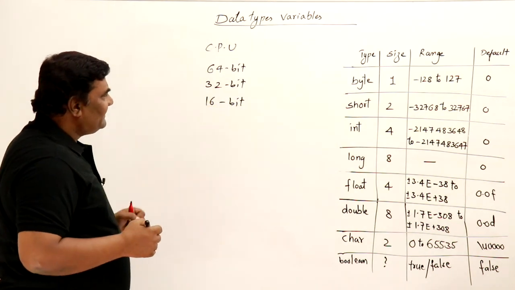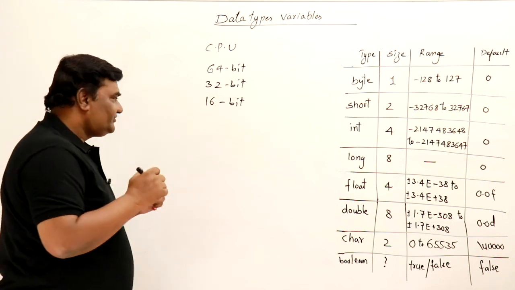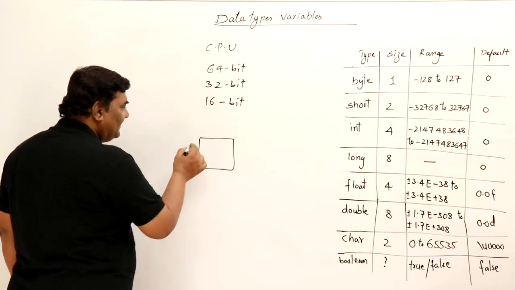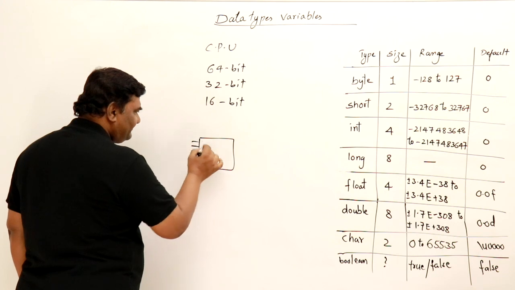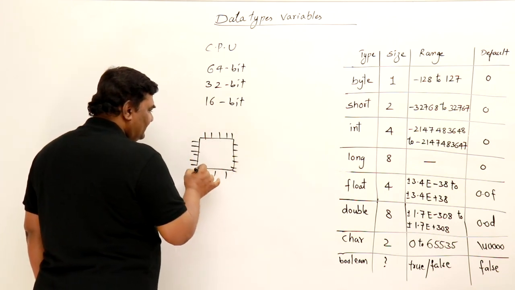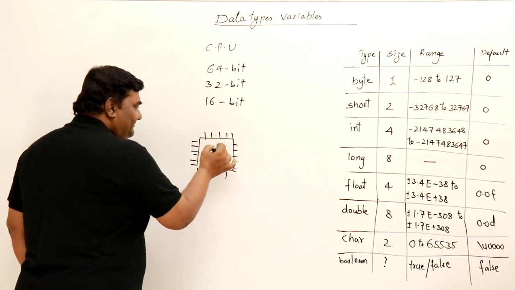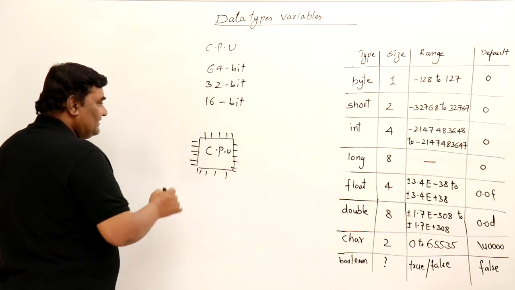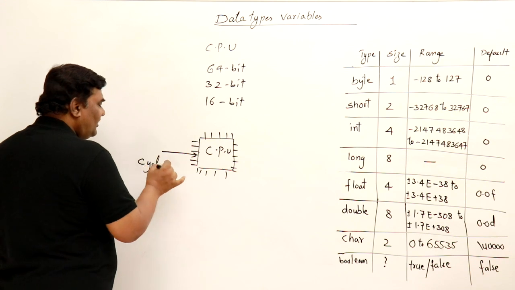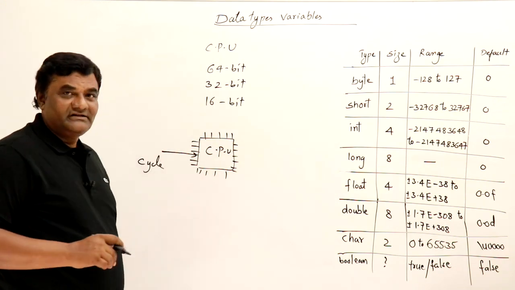So what is this bit size of a processor? If this is a processing chip, a microprocessor chip, and you have seen this picture, it will have a set of legs on it. This CPU can process data. In a single shot or a single cycle, how much data can it process?